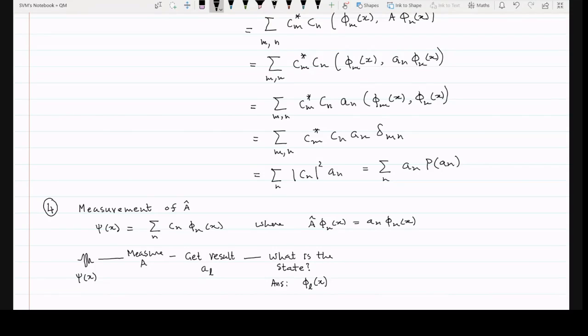This phenomenon is called wave function collapse, or state reduction, or sometimes a quantum jump.